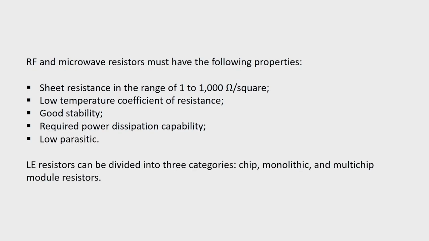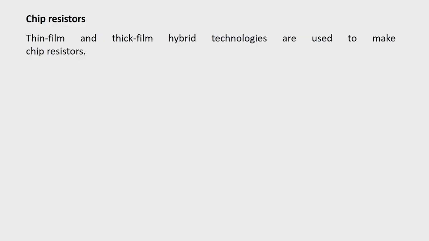Lumped element resistors can be divided into mostly three categories. One is the chip resistor, another is monolithic, and multi-chip module resistors. Now, these cheap resistors are made using thick film or thin film hybrid technologies.